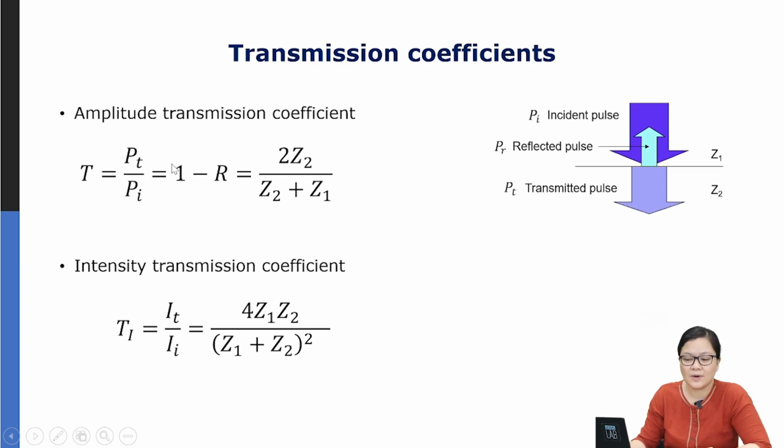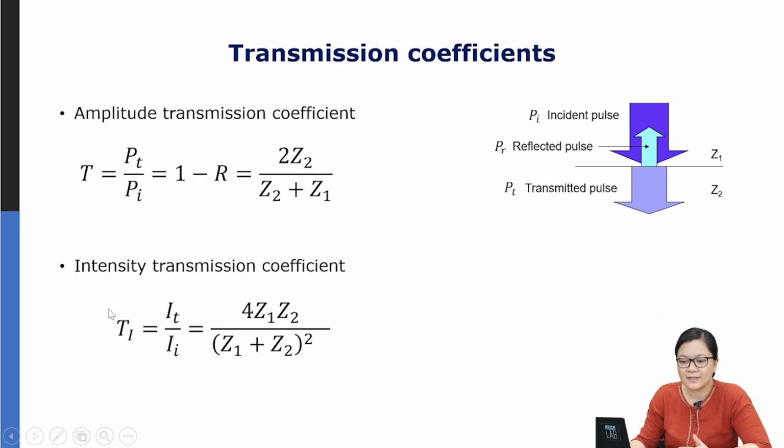And that equals 1 minus the reflection coefficient here. In terms of impedances, this is the expression of the transmission coefficient: 2 times the impedance of the second medium divided by the summation of the impedance of both mediums.